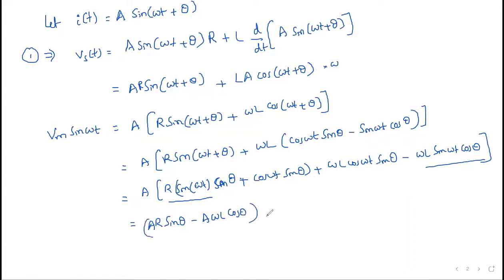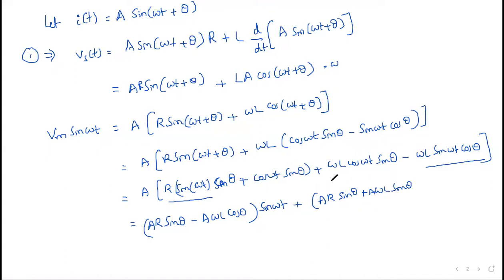This total is equal to sin omega t. Then cos omega t: this term and this term, again I will take common. This is AR sin theta, from this it is plus A into omega L sin theta. Correct?